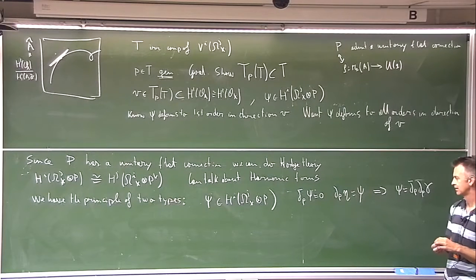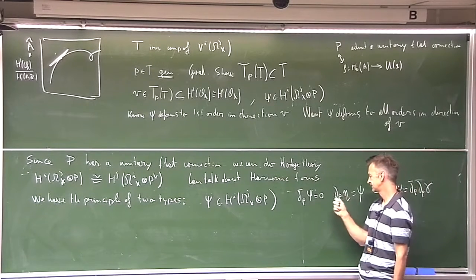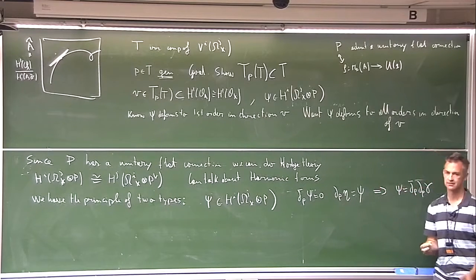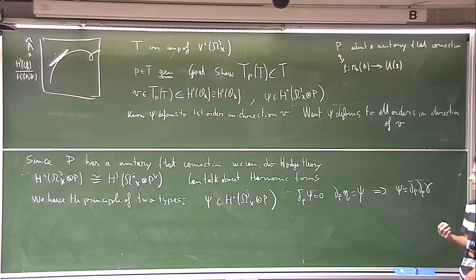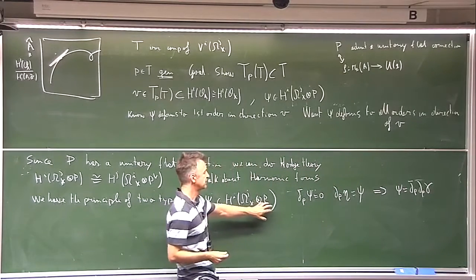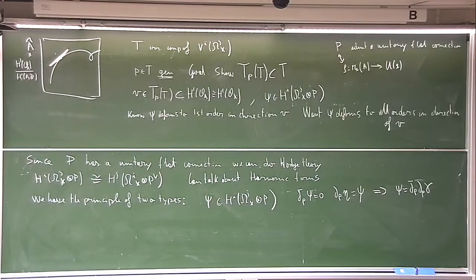Just any form representing the cohomology, as long as it's ∂̄ closed and it's ∂ exact. I see. Okay, so if you're greatly offended by P, just pretend that P is the trivial line bundle. Then it's the usual Hodge theory.